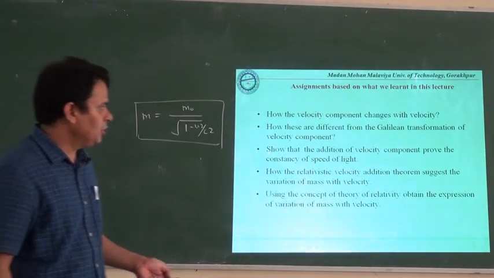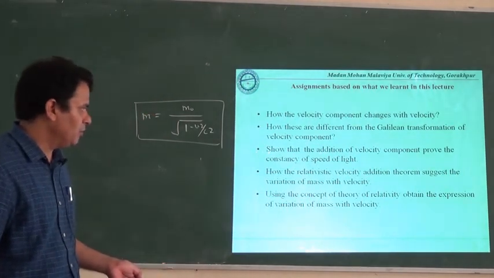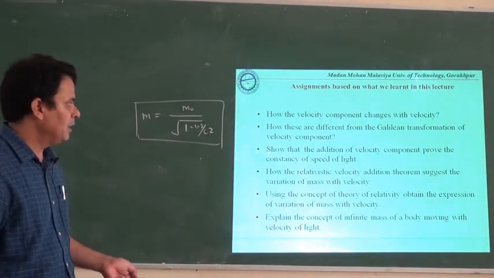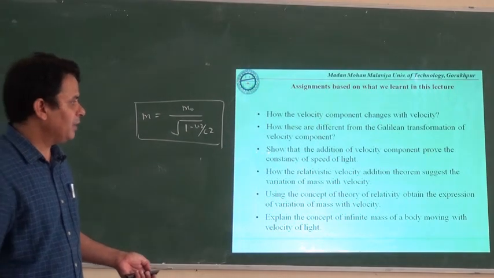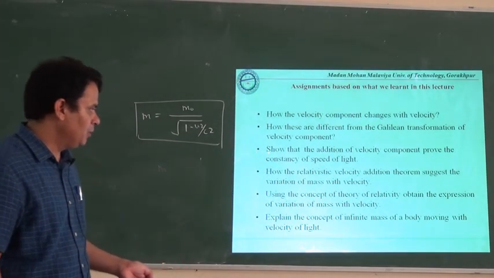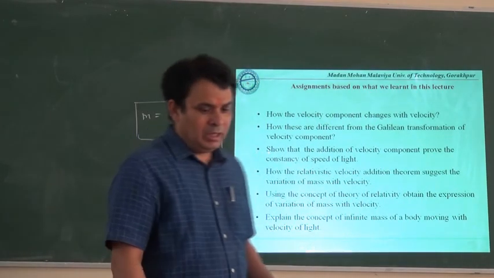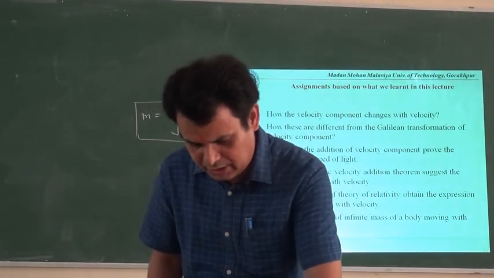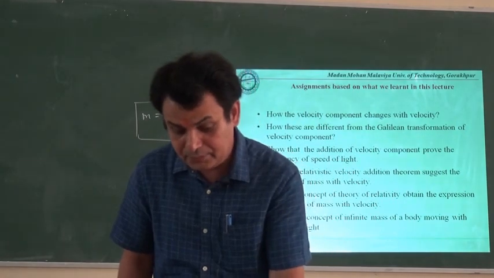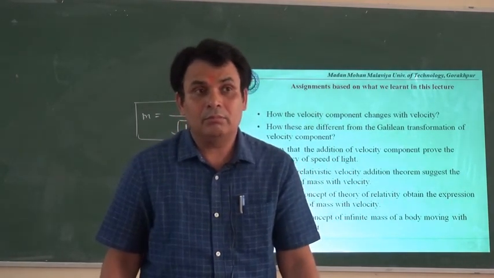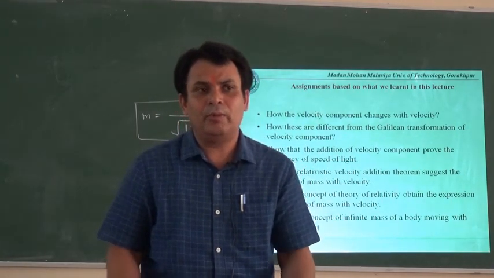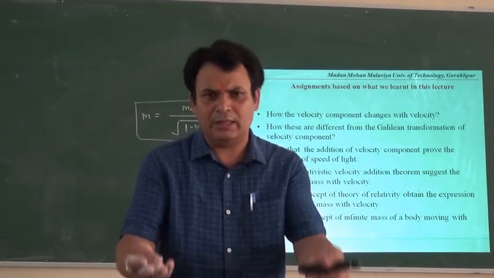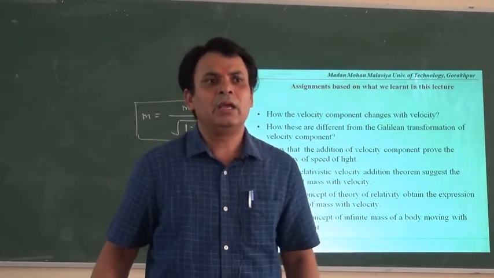Using the concept of the theory of relativity, obtain the expression for the variation of mass with velocity. Explain the concept of infinite mass of a body moving with the velocity of light. It will be better when we go to the next unit of engineering physics, when we start the mass energy equivalence, or one step beyond the mass energy equivalence.